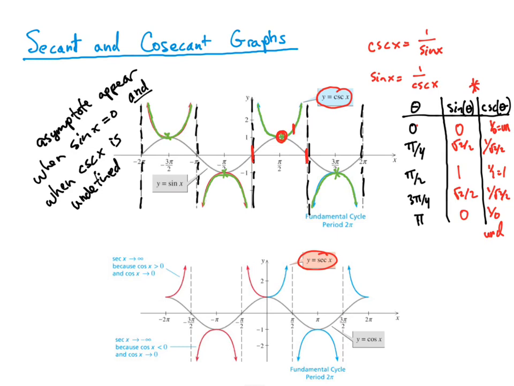Okay, let's move down to the second graph, secant and cosine. Again, inside we have the cosine graph, and then at the maximum values and the minimum values, that's where the secant graph appears.